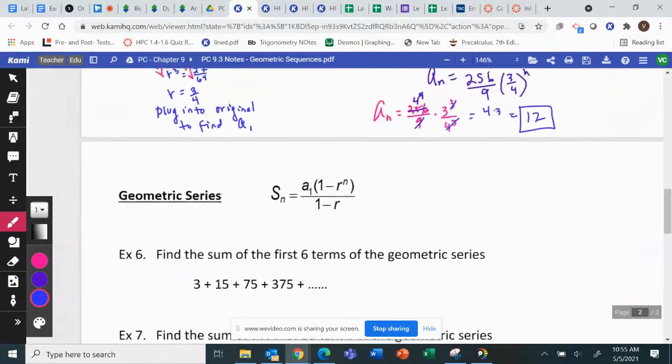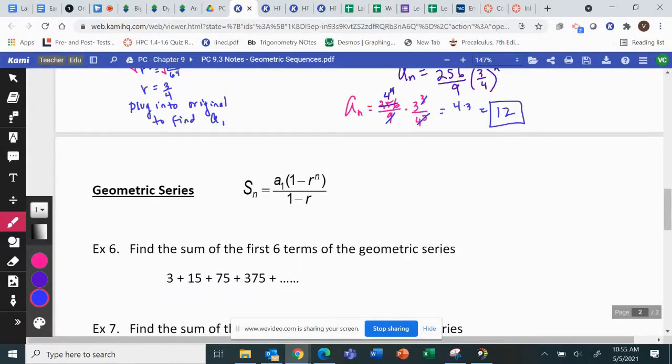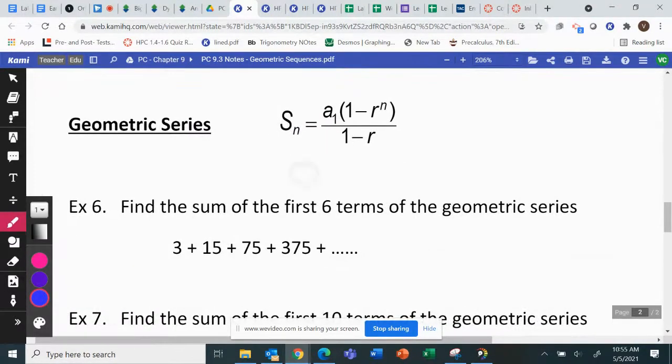Okay. Geometric series is when we add them all up. Sequences is when we list the terms. Series would be the sum. So we have a formula, just like we had a formula for arithmetic sequence or series. We have a formula for geometric series, and it is S sub n equals a sub 1.